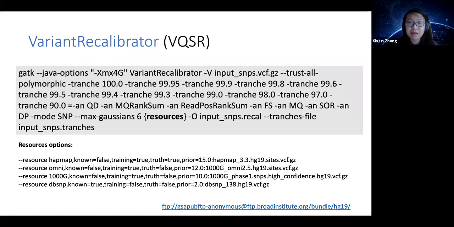It pretty much uses a Gaussian mixture model as the algorithm for the machine learning. So this whole part, we don't really need to change. Well, there is some difference depending on if you're training this for SNPs versus indels. So you can refer back to the GATK website to see what this setting is. So this whole part, you don't really need to worry about.